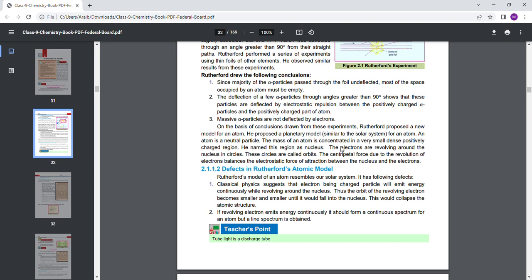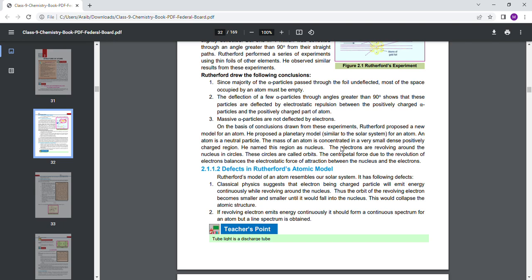On the basis of conclusions drawn from these experiments, Rutherford proposed a new model for an atom. He proposed a planetary model, similar to the solar system. An atom is a neutral particle. The mass of an atom is concentrated in a very small, dense, positively charged region. He named this region the nucleus.